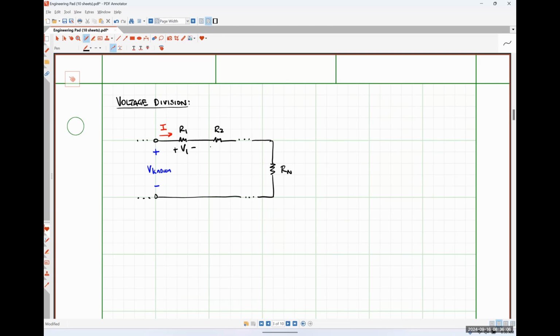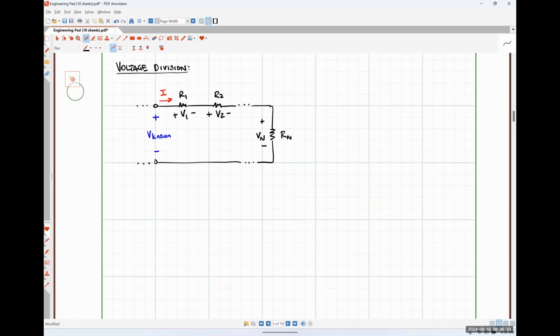So this would be V1, here's V2, all the way out to this voltage, V sub N. So right now, this looks identical to what we did on Friday. It's going to continue to look identical for another couple of seconds here, okay?